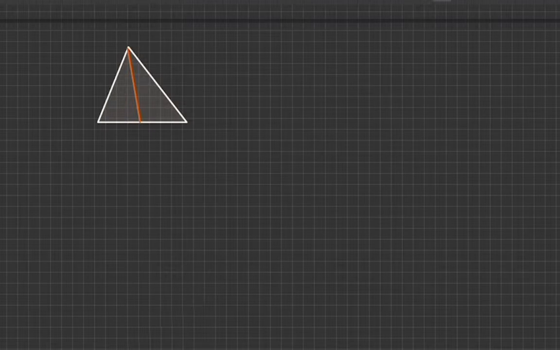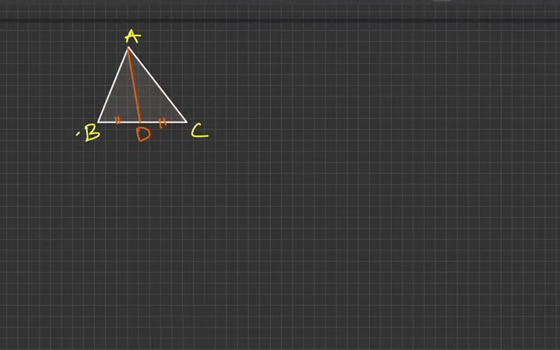Basically our altitude is a perpendicular line drawn from a vertex. So let's name this triangle ABC, and then this is my D, which basically divides the base into two equal parts. So this is the perpendicular line, called the altitude, that is the height of the triangle.